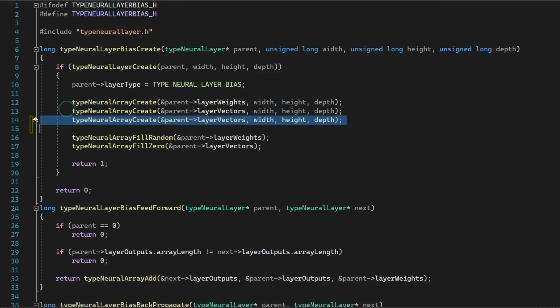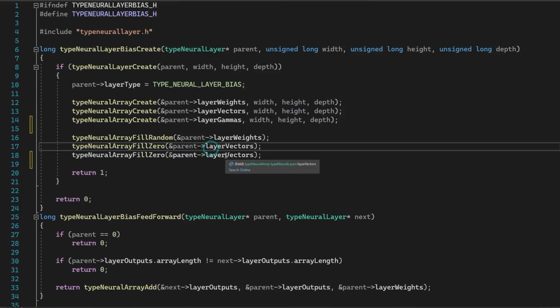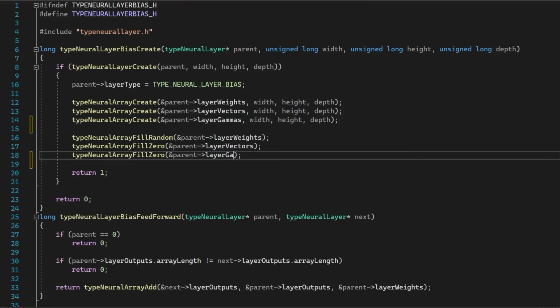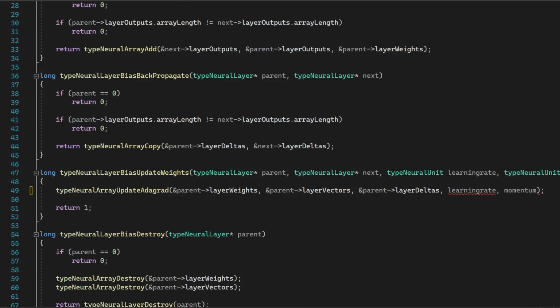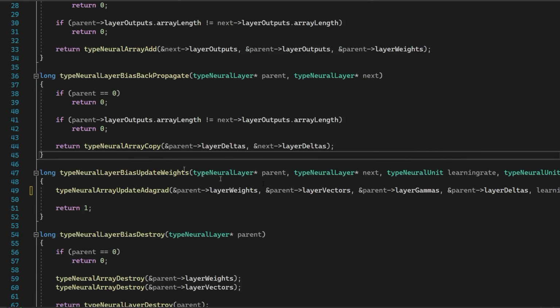Create vectors gammas and initialize to 0. We have to set it to 0 and update AdaGrad, and we add it up here. And of course, gammas. Update weight gammas.